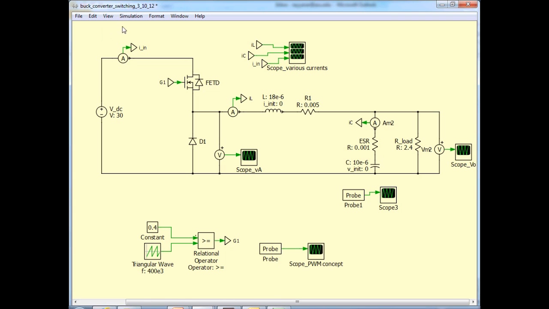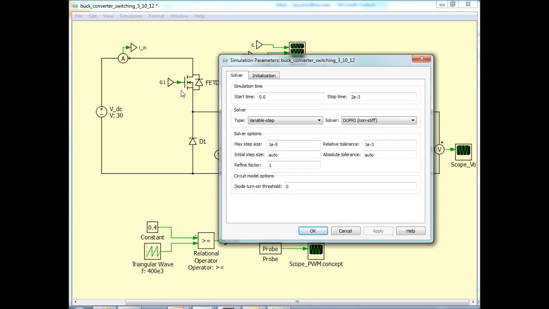But it turns out that in order to get the output voltage ripple waveform accurately, we need to change the simulation parameters. So the default value for the maximum step size had been this 1e to the minus 5, and our switching period is 2.5 microseconds.